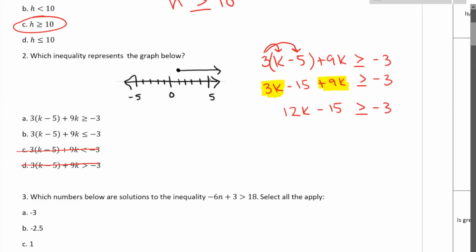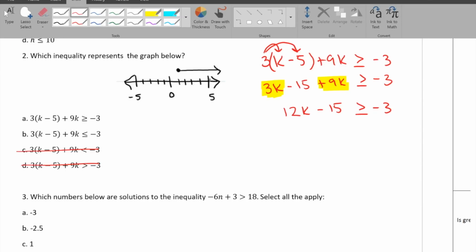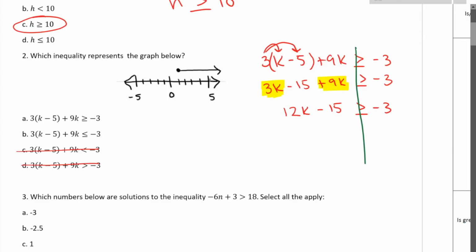All right. So my objective is to get k by itself. Currently, k is not by itself, so I need to get k by itself. In order for me to do that, I need to add 15 to both sides. Why did I add? It's a negative, so the inverse of negative is a positive. These will cross out.